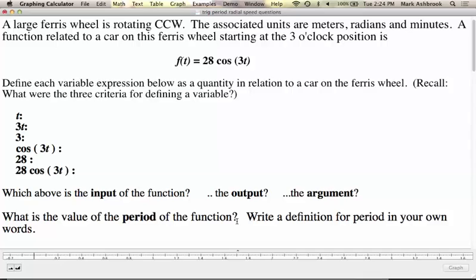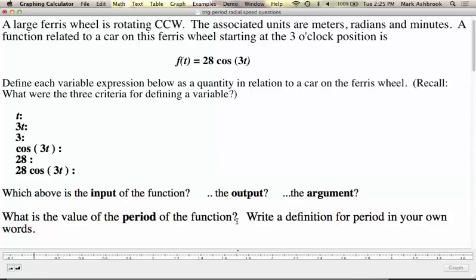Excellent. Okay, a large Ferris wheel is rotating counterclockwise. The associated units are meters, radians, and minutes. A function related to a car on this Ferris wheel starting at the 3 o'clock position is f of t equals 28 cosine 3t. This is a really good exercise.